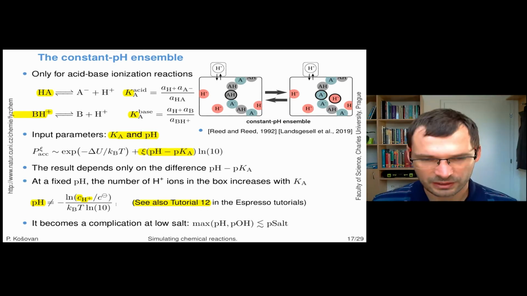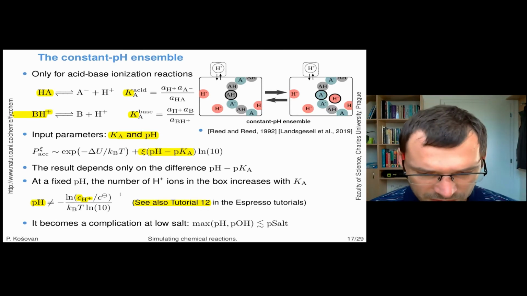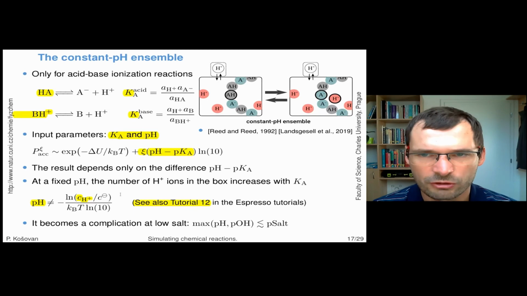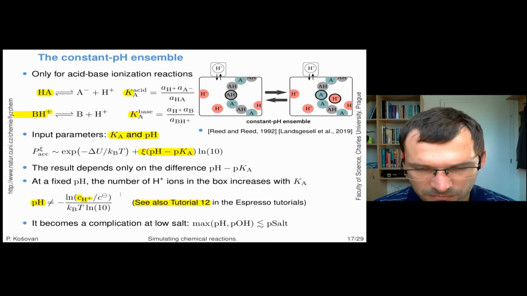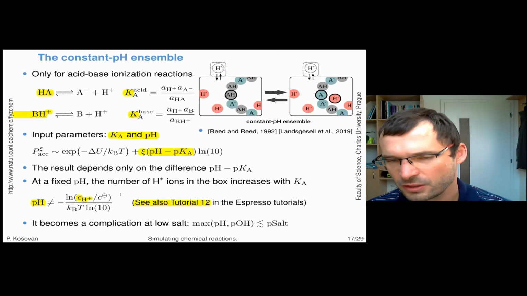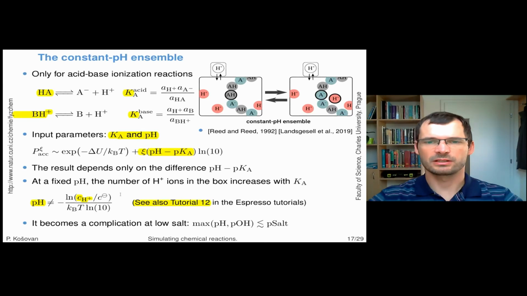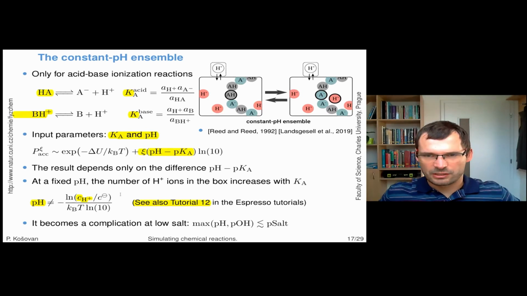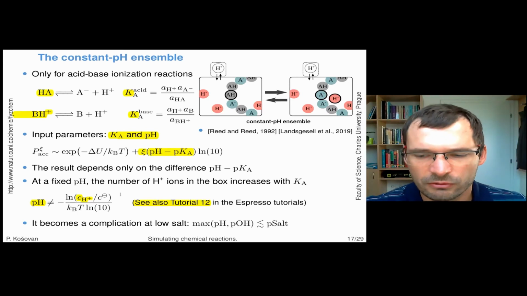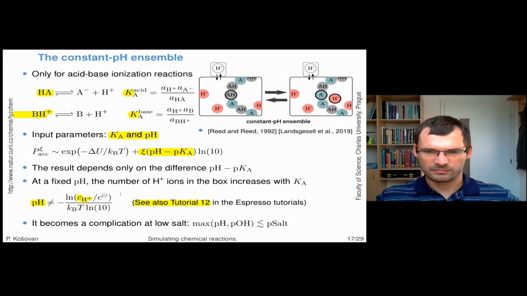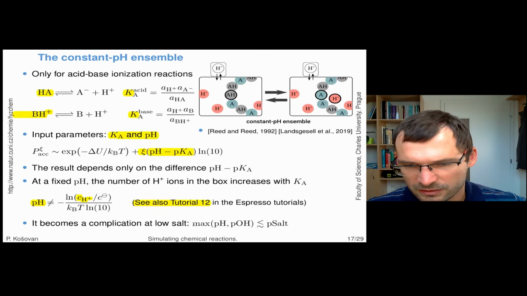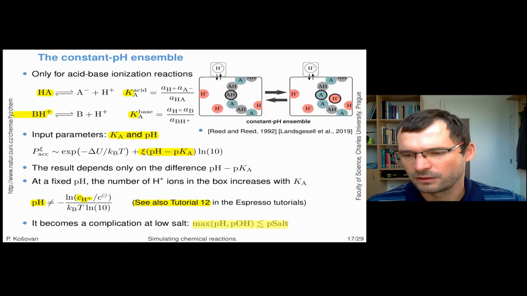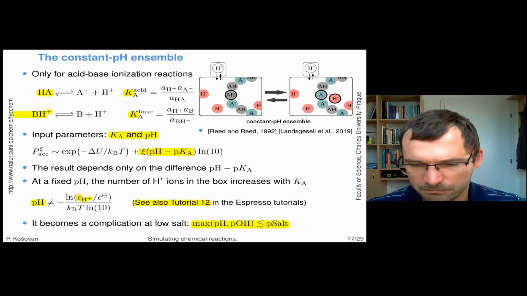It's a complication, however, it turns out that under many situations this pitfall actually does not show up, if the salt concentration is not completely negligible or if the pH is somewhere in the intermediate range. It shows up when the pH is very high or very low, while at the same time the salt concentration is low, which we can formulate mathematically as the maximum of pH or pOH being equal to or smaller than pC_salt.